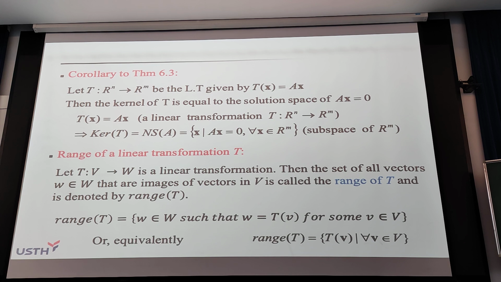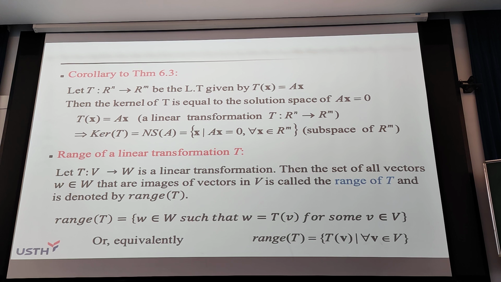Opposite to the notion of kernel, we have the notion of range of a linear transformation. Let T from V to W be a linear transformation. Then the set of all vectors inside the codomain that are images of some vectors inside the domain will be called the range of T, and we denote it like that.